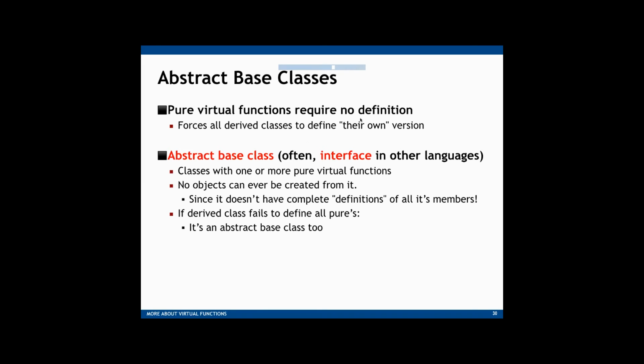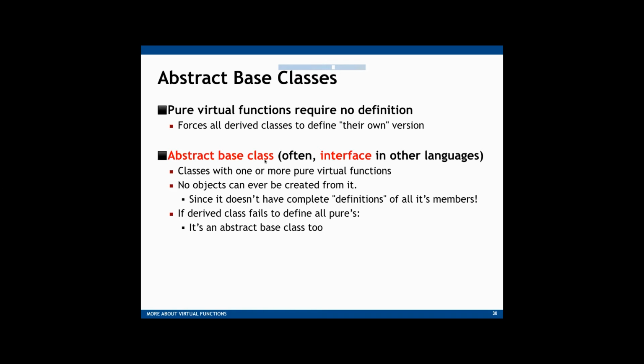If a class has one or more pure virtual functions, then we call that class an abstract class. An abstract class can only be used as a base class to derive other classes, and you cannot create objects of an abstract class because the implementation of some virtual function is missing.